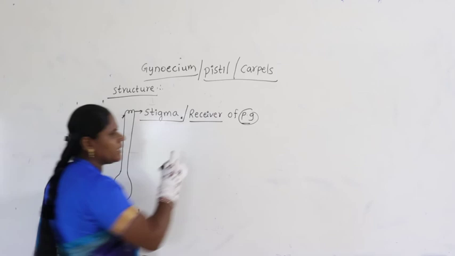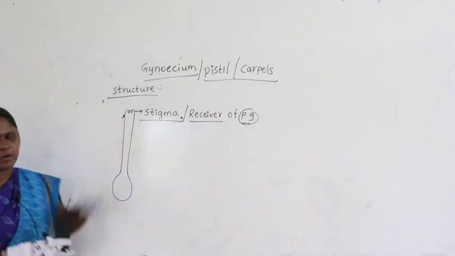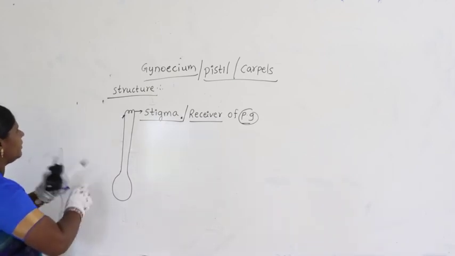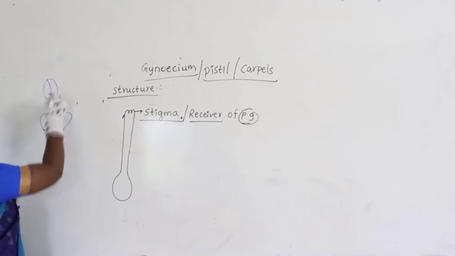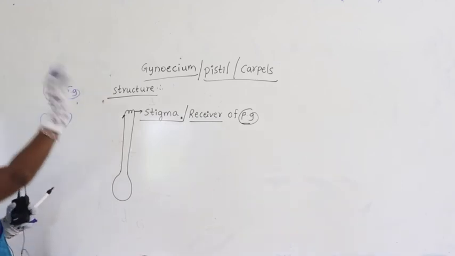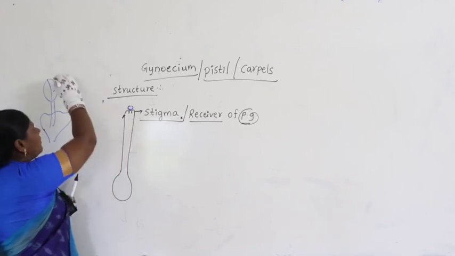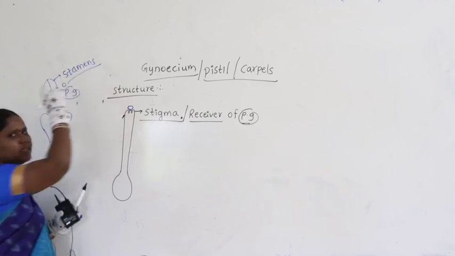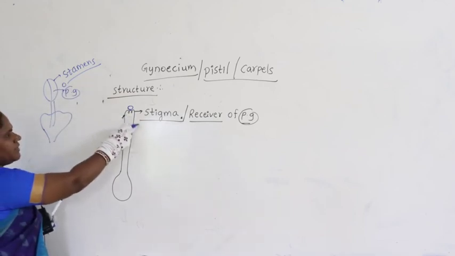What is PG? PG means pollen grain, so it receives the pollen grain. From the anther of another flower, what comes out is nothing but pollen grain. The pollen grain comes and falls on the surface of stigma.